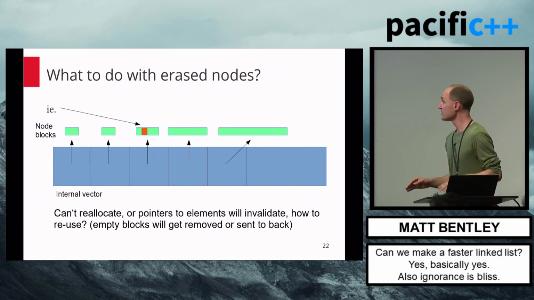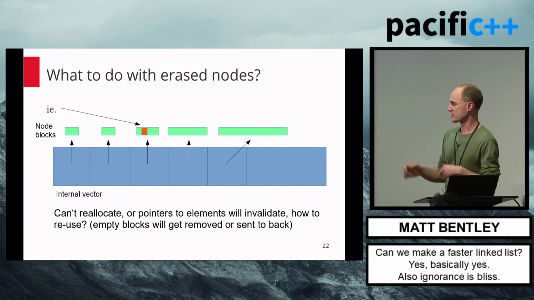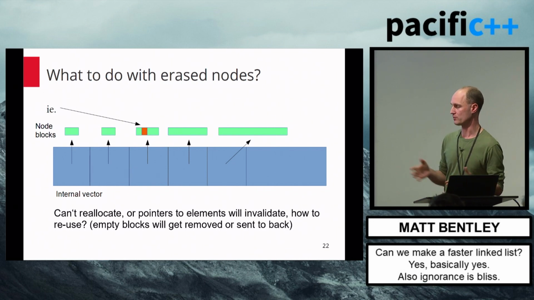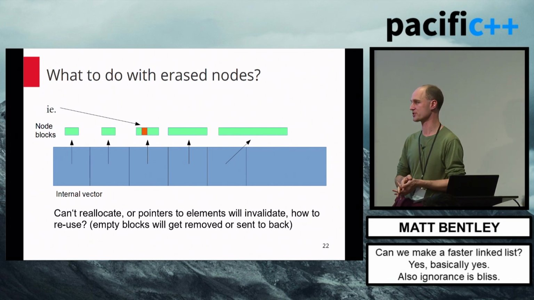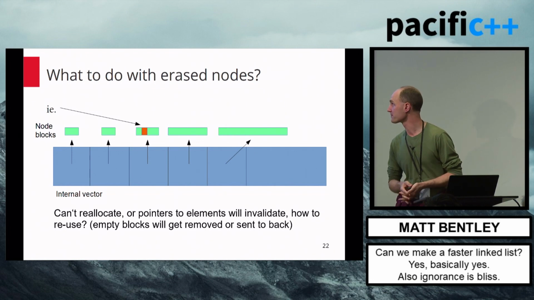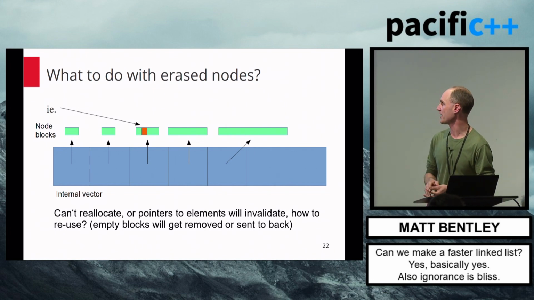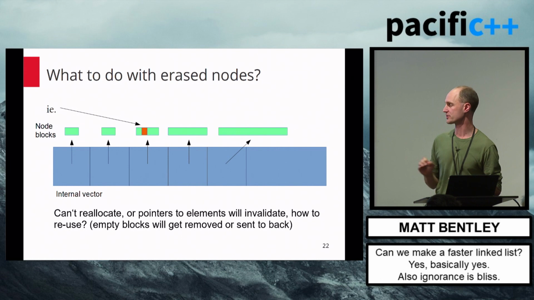But first of all, erased nodes, obviously, we can't reallocate like we can with a vector, because then we lose validity of pointers. So we've got to find some way of keeping track of these erased nodes and reusing them.